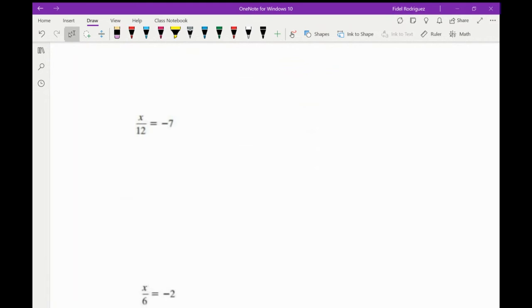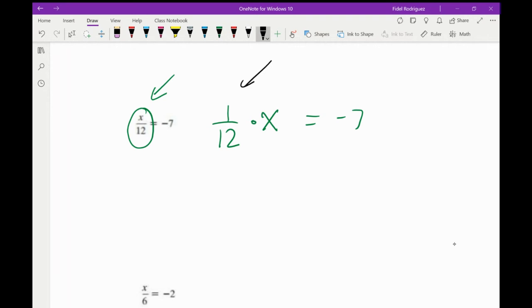So here's another one. It's x over 12 equals -7. When I look at this problem, it looks slightly different from the ones that we did before, but it really is the same problem. I can think of x over 12 as 1 over 12 times x is equal to -7. So remember what we said we're going to do. If I see a 1 over 12, I'm going to multiply it by 12 over 1.